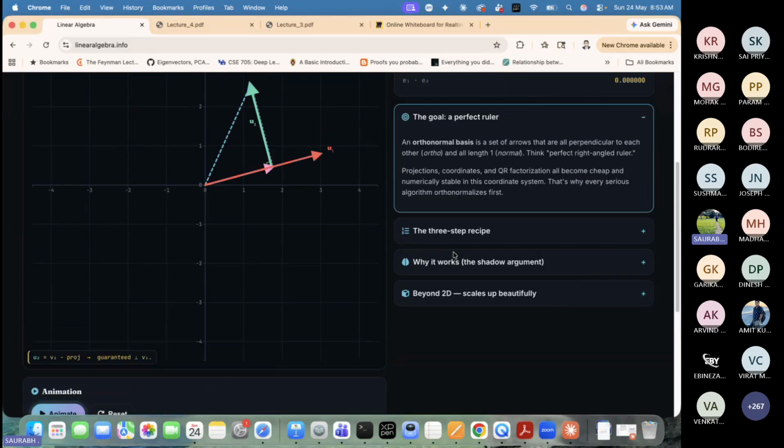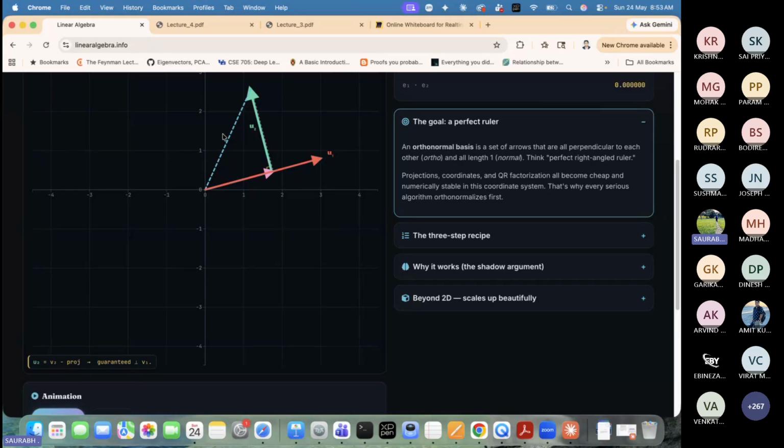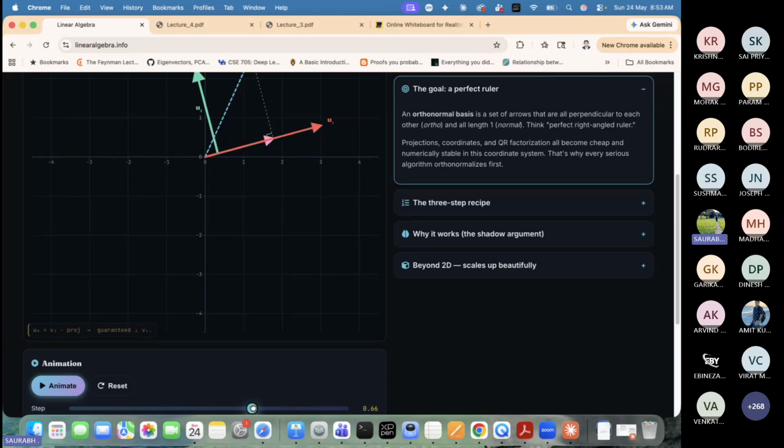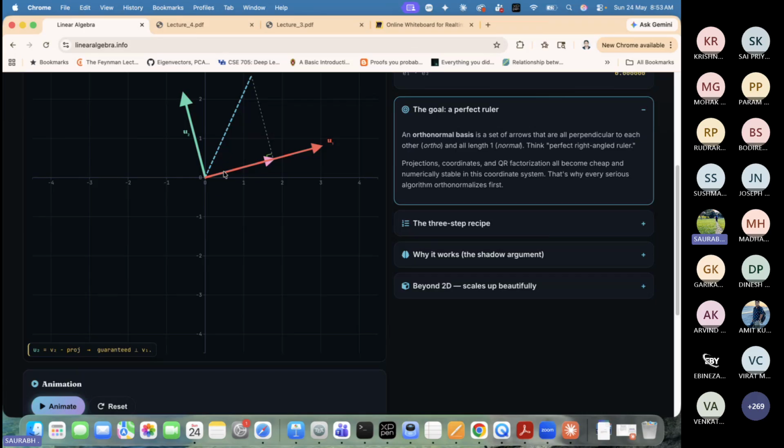You first took the projection of V in the direction of U. As soon as you subtract this projection from V, you basically get this green vector. This is what is perpendicular to U. Now, because it is perpendicular, for the sake of visualization, I'm just shifting it to origin because it becomes much easier to visualize. And that's when you will see that this is shifted to origin. Now, both of these vectors are perpendicular to each other.